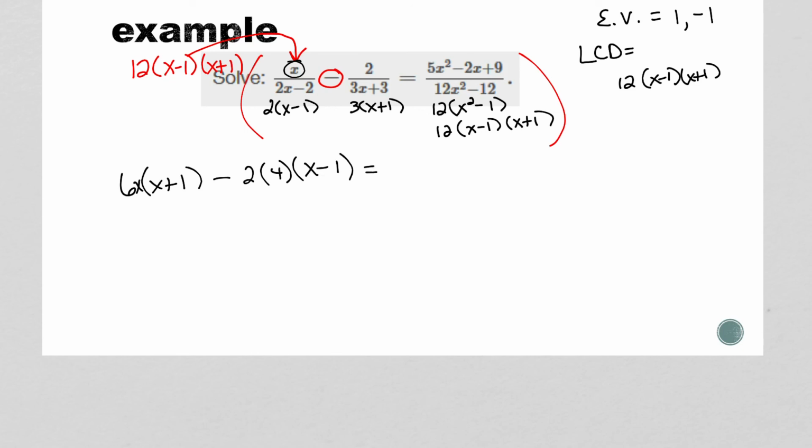Now, whenever I take this whole thing times that, the 12's cancel, the x minus 1's cancel, the x plus 1's cancel, and I'm only left with exactly what I have in this numerator, which is 5x squared minus 2x plus 9. Okay, so I'm going to go ahead and distribute.